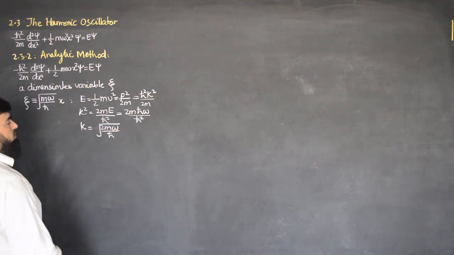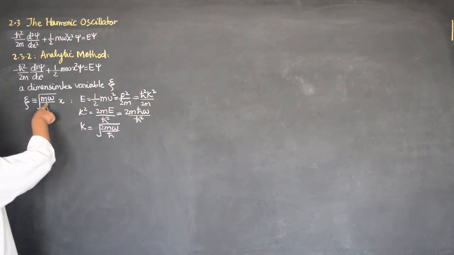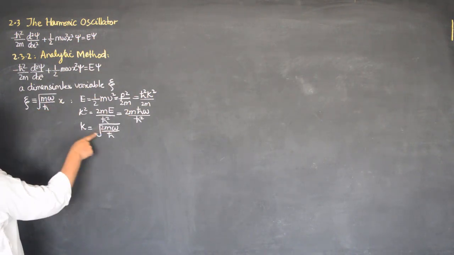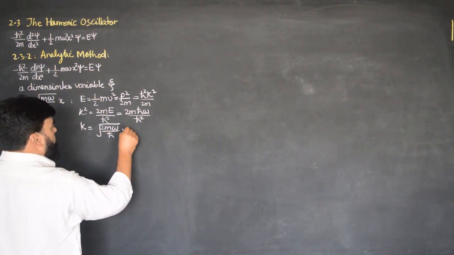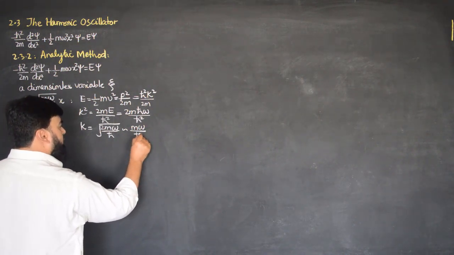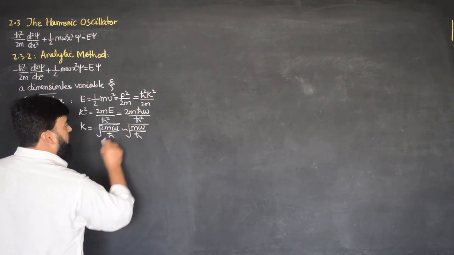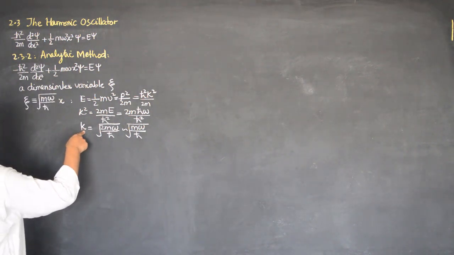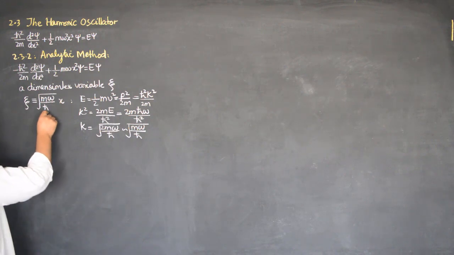From the dimensional point of view, m omega over h bar is actually a wave number, k, in momentum space.